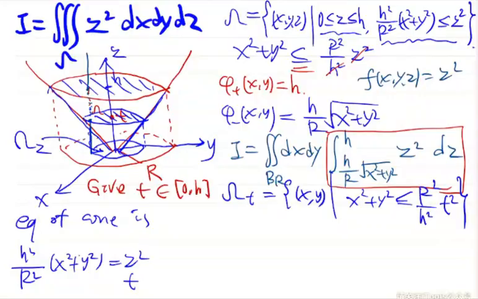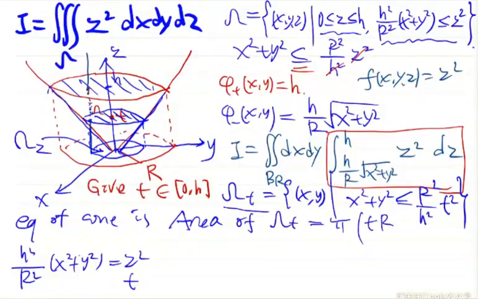Okay, this omega t has an area. The area of omega t is pi r squared over h squared times t squared.